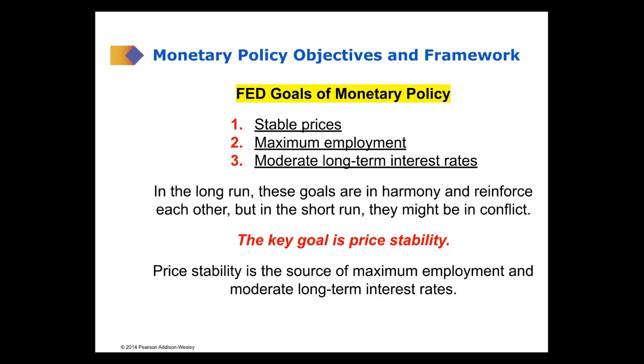And so the idea is that in the long run, these three goals are in harmony. They don't really conflict with each other, although in the short run, they might. But the most important goal for the Fed and monetary policy is price stability. First and foremost, the Fed is trying to avoid inflation or deflation and keep prices relatively stable.